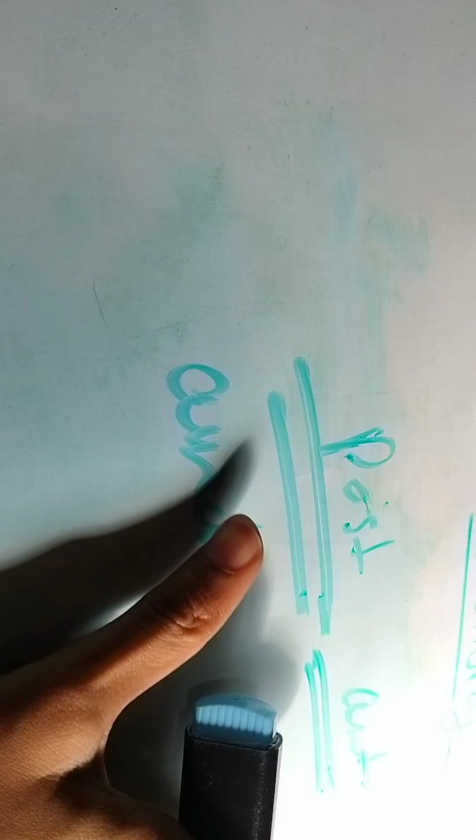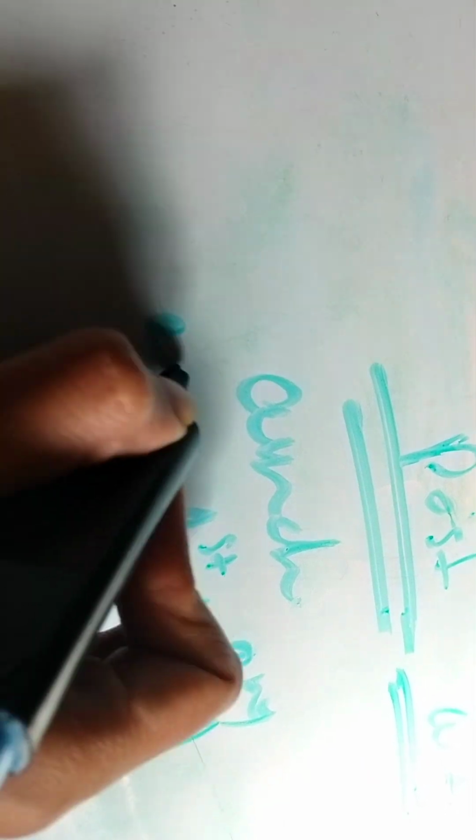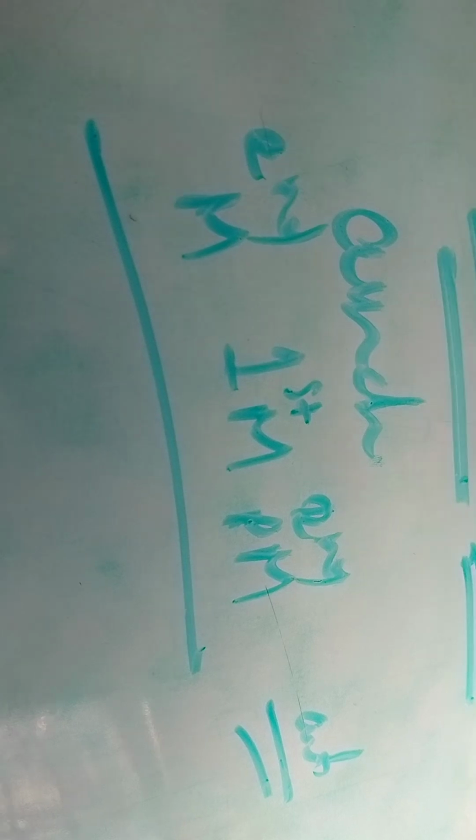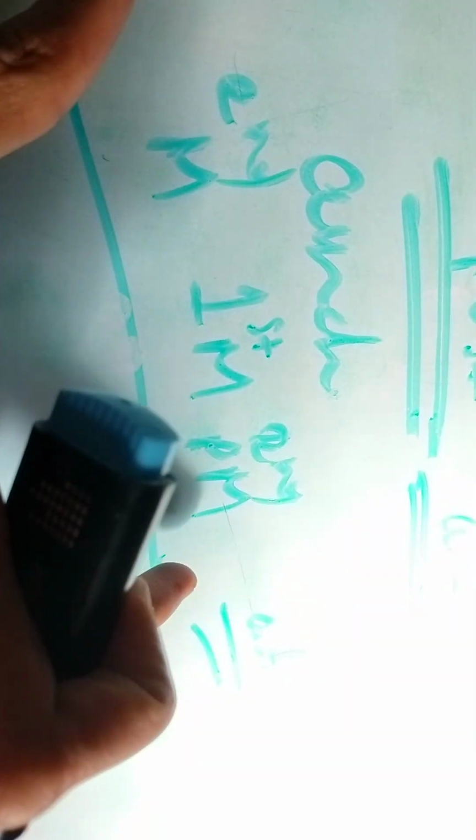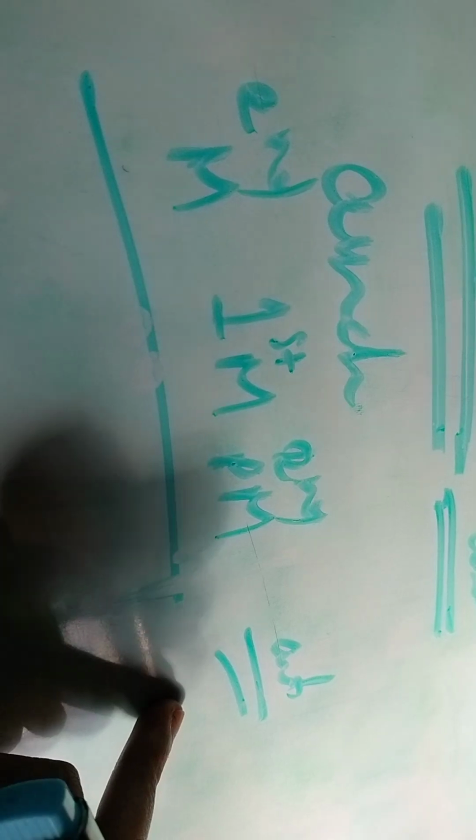There is an image-based MCQ asked on this. They give you the first molar, second premolar, and second molar, and here the anterior incisor, and they ask which of the following has a greater anchorage value. So the posterior teeth have a greater anchorage value than the anterior teeth.